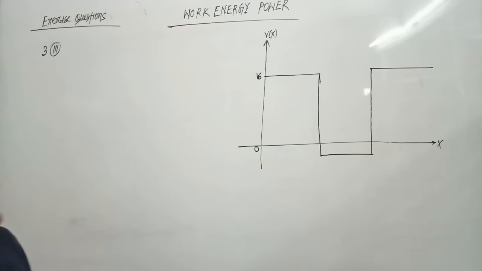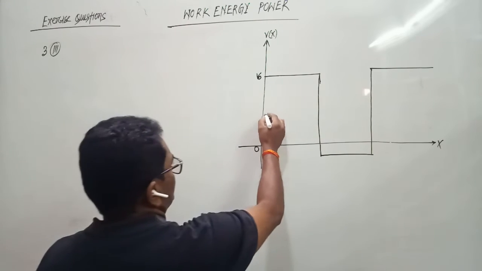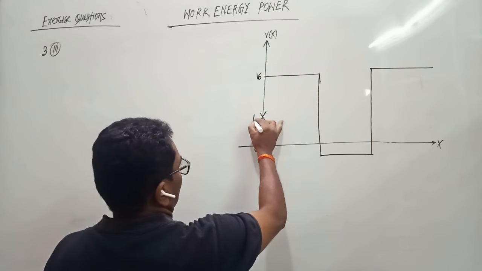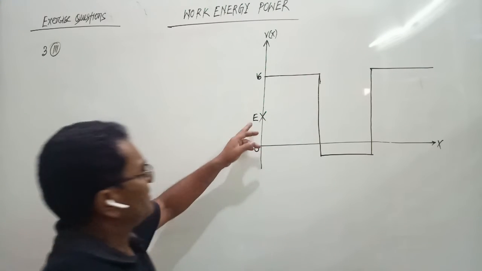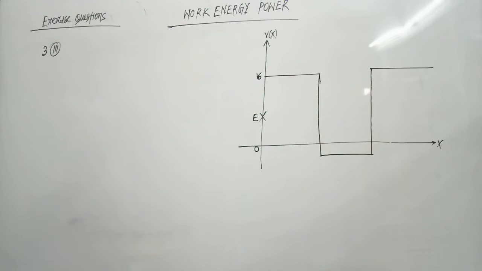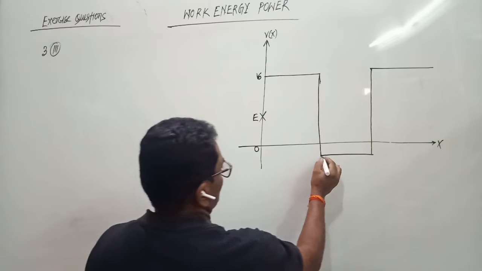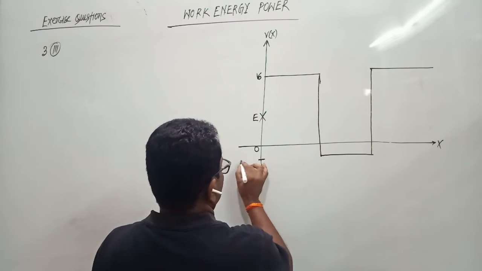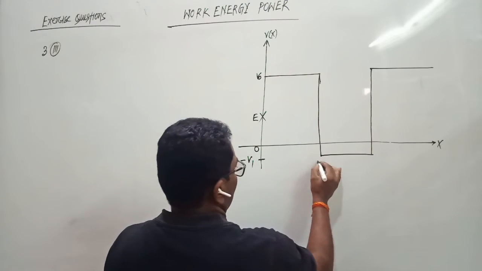V naught is the maximum potential energy, and the total energy is indicated by E, and this is negative potential energy minus V1.